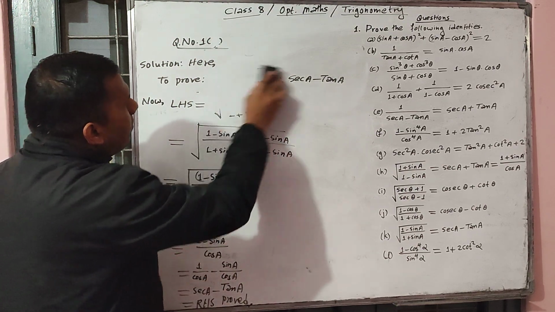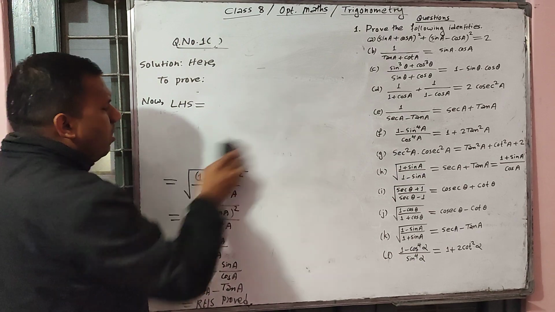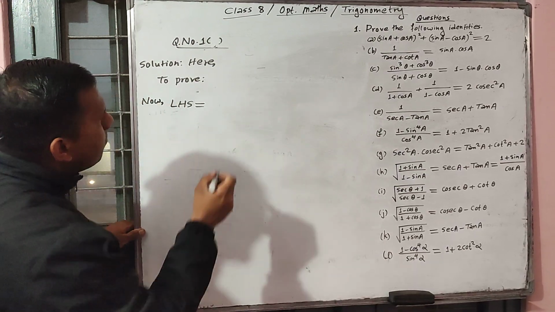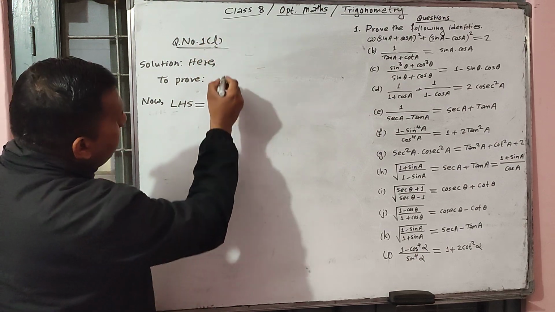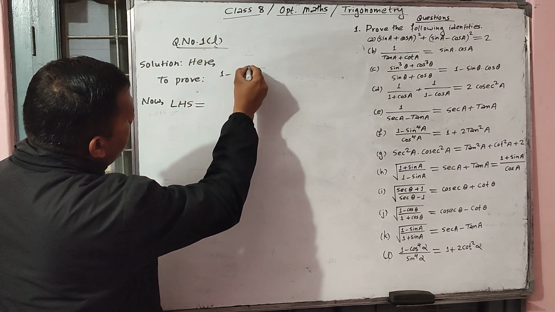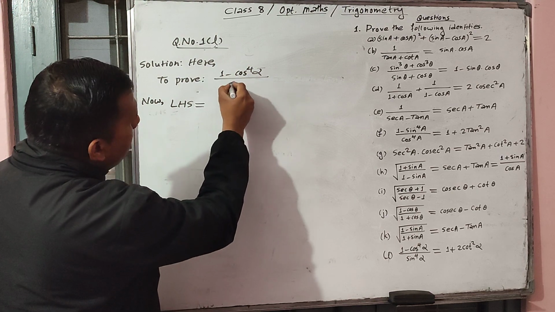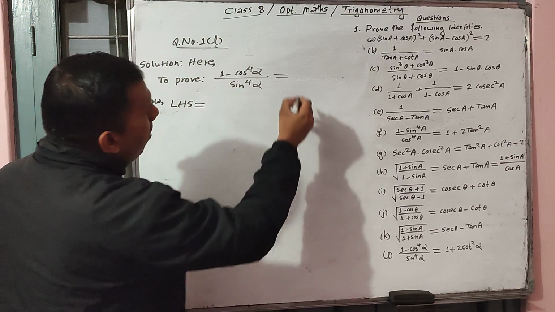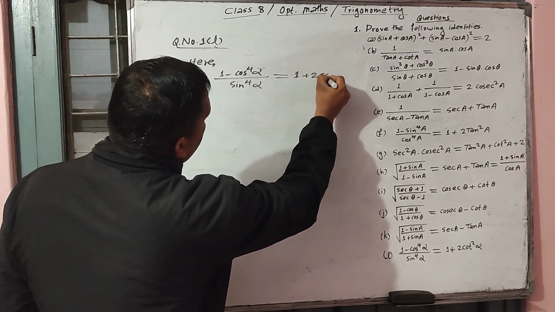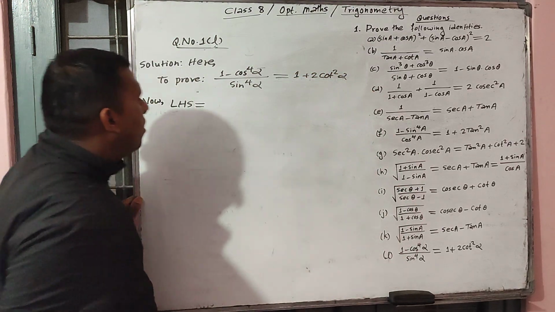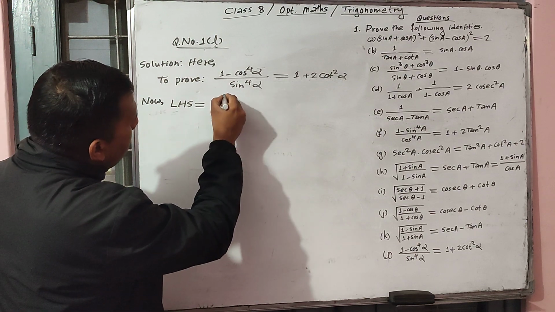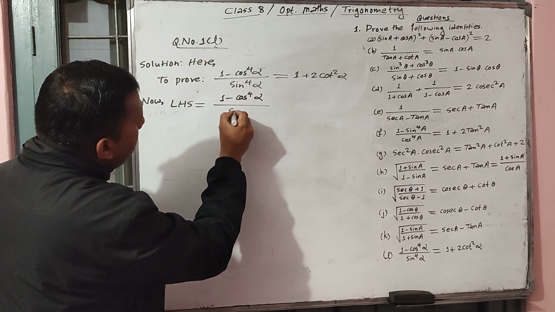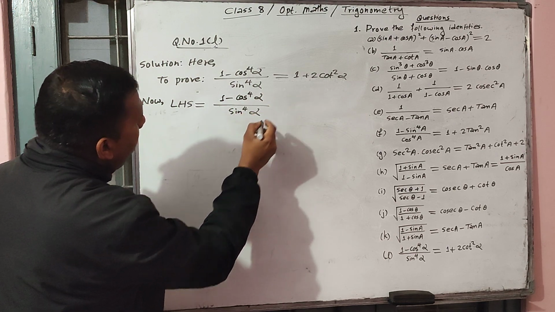Okay students, now we have the last question of 1, that is 1L. Let's start 1L. Here we need to prove (1 minus cos to the power 4 alpha) upon (sin to the power 4 alpha) equals 1 plus 2 cot square alpha. Now LHS is (1 minus cos to the power 4 alpha) upon sin to the power 4 alpha.